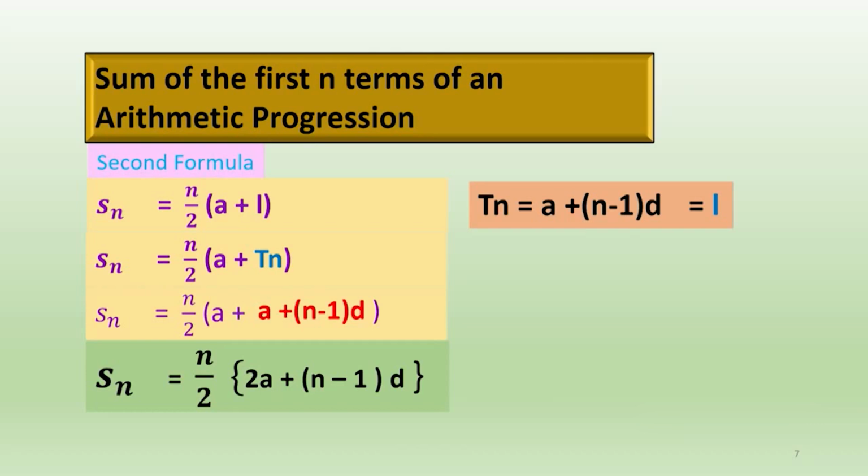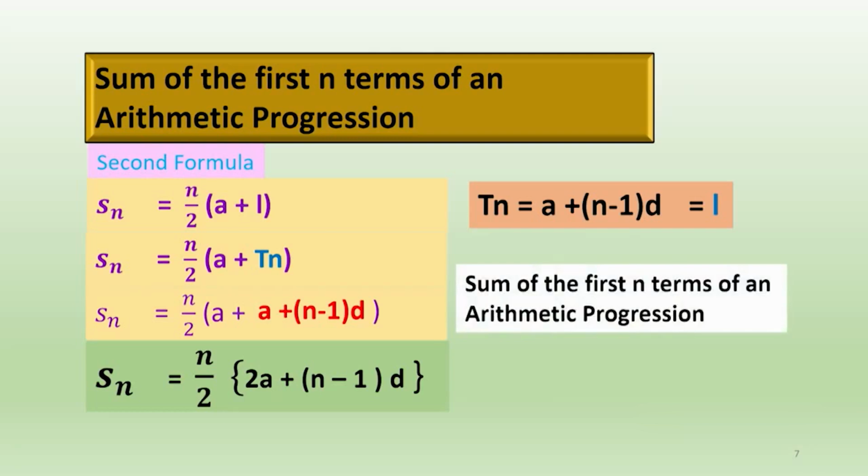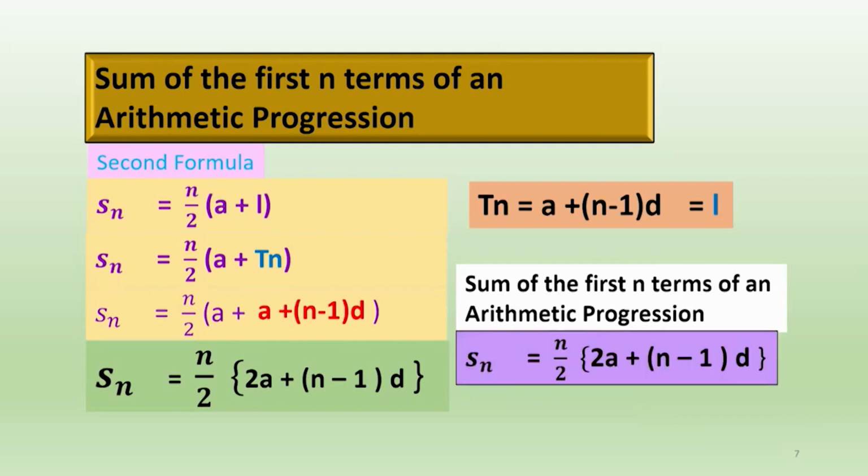Then I simplified it and got another formula to find the sum of the first n terms of an arithmetic progression: Sn equals n over 2 times (2a plus (n minus 1)d). That is the new formula, so you have to remember it.